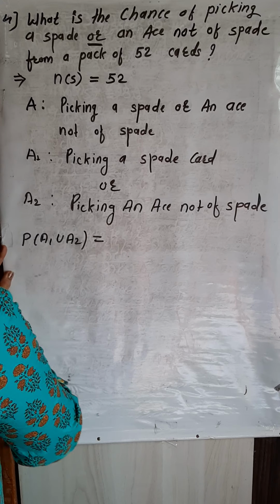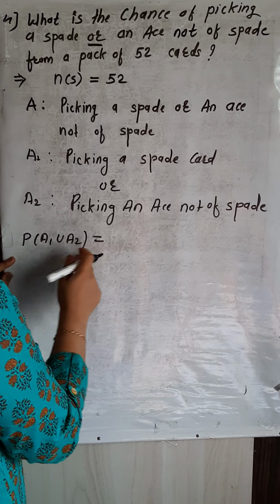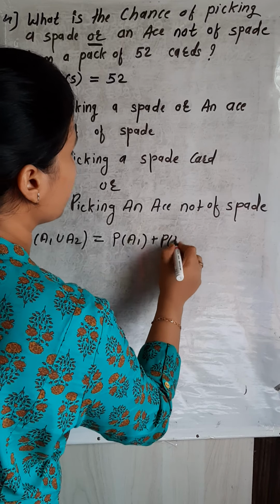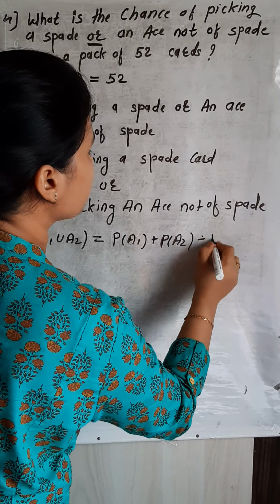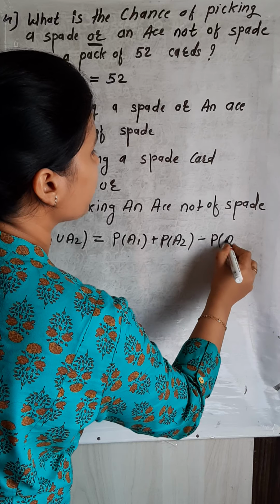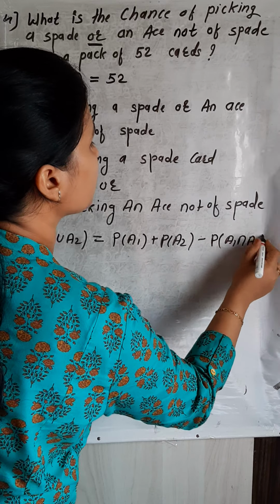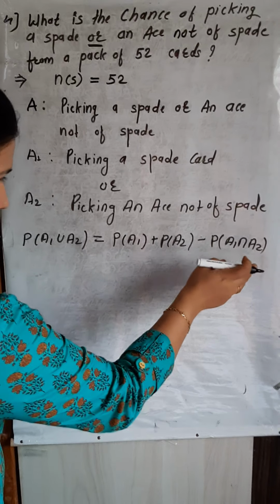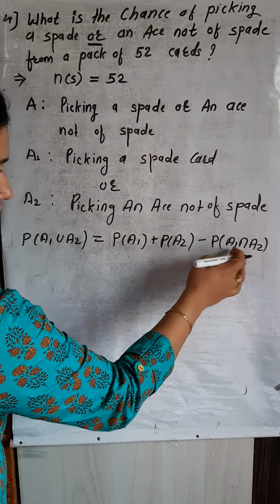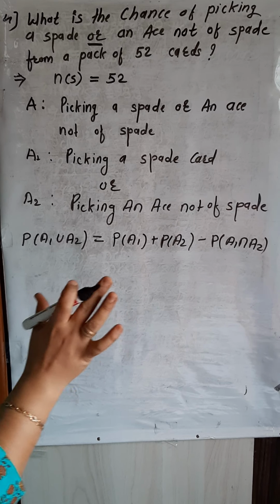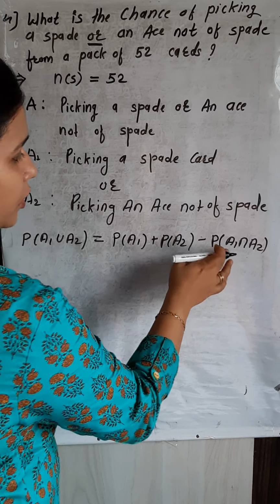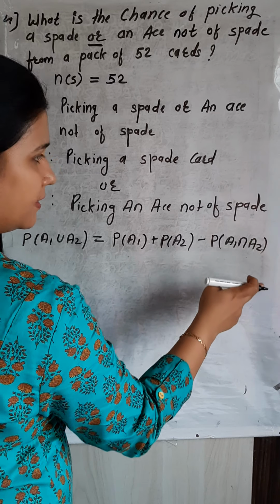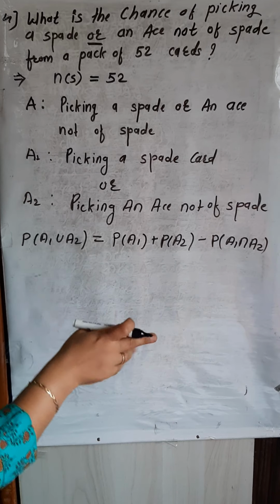I explained this formula in the last lecture. This formula is probability of A1 plus probability of A2 minus probability of A1 intersection A2. So we will find the probability of A1 intersection A2 first, because A1 intersection A2 means the things which are common in A1 and A2. Here A1 is denoting spade cards and A2 is denoting aces which are not of spade.